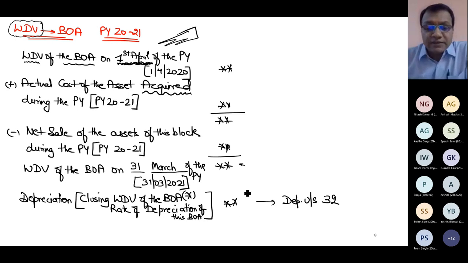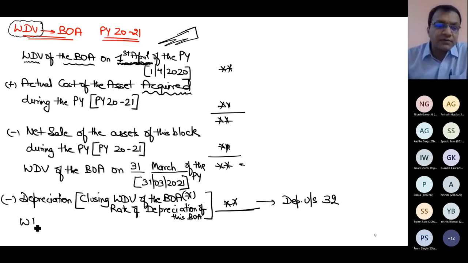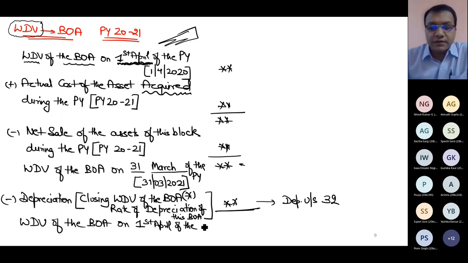And the moment I deduct depreciation from this closing WDV, can you tell me what difference I will get or what value I will get? It will become WDV of the block of asset on 1st April of the next year.